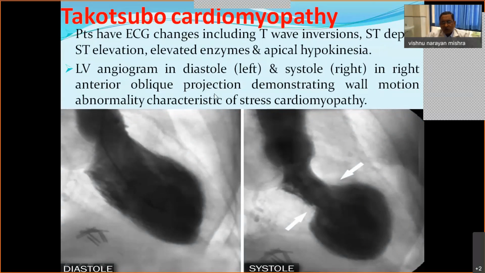In right anterior oblique projection, demonstrating wall motion abnormality, which is characteristic of the stress cardiomyopathy, which is having this hump here. This is the suggestion of Takotsubo cardiomyopathy, which could be confirmed on angiography. Left angiogram is the confirmatory.